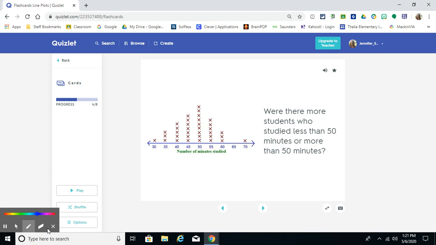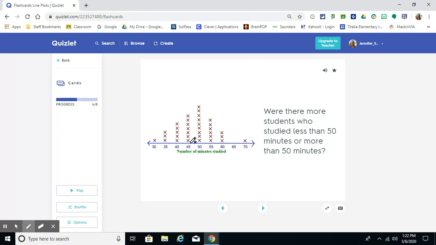This next question is a little bit more complicated. Were there more students who studied less than 50 minutes or more than 50 minutes? So it says less than 50. So we're not counting anything right here. It has to be less than 50.